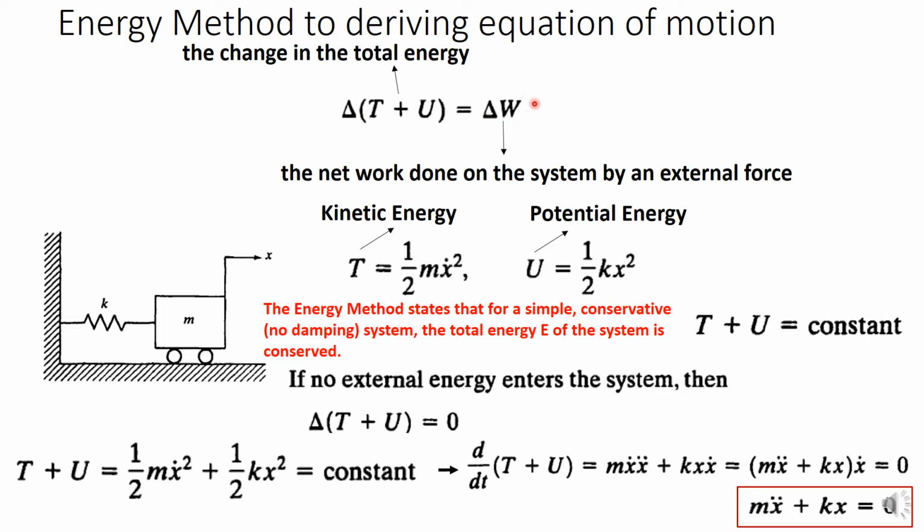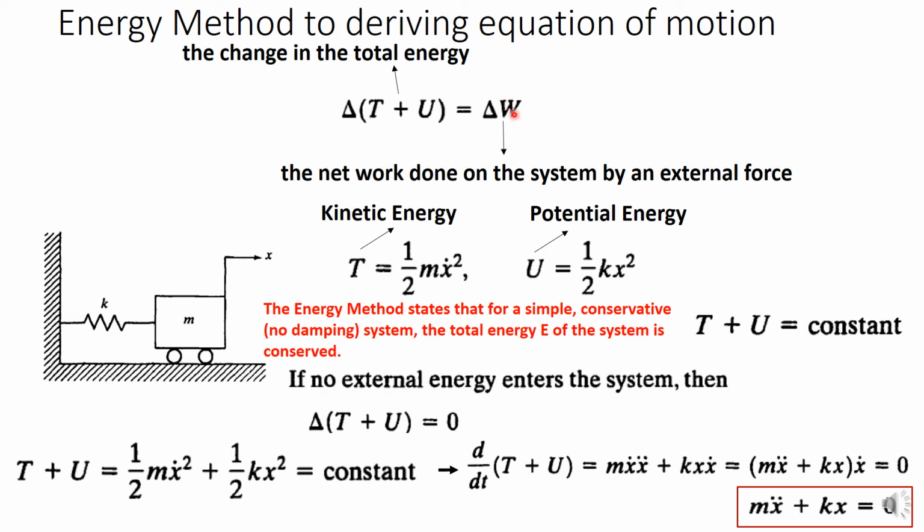The change of the kinetic energy and the potential energy summation should be equal to the total work done by the external force. And so the kinetic energy for this system will be 1 over 2 m x dot power 2. The potential energy will be 1 over 2 k x power 2.